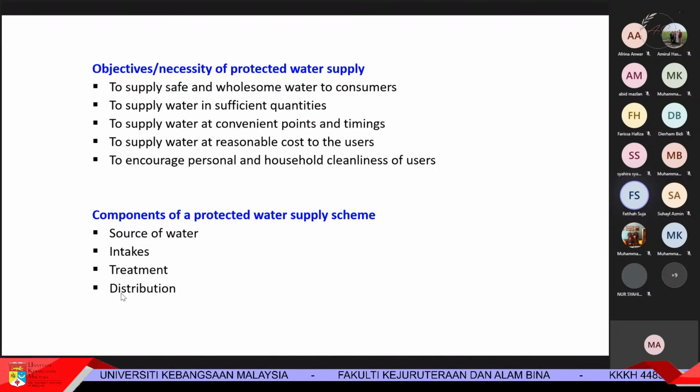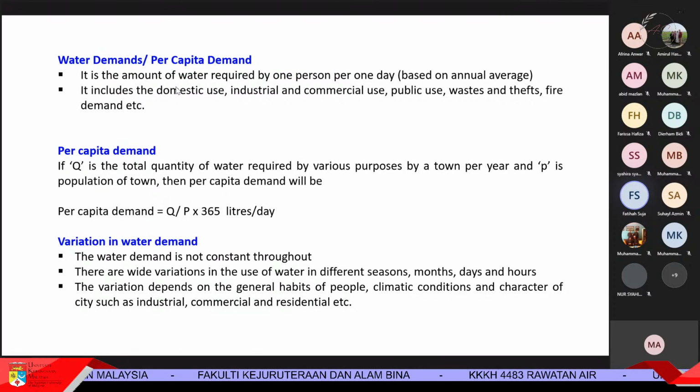Okay, so water demand, or per capita demand, is the amount of water required by one person per day. It includes domestic use, industrial and commercial use, public use and waste.